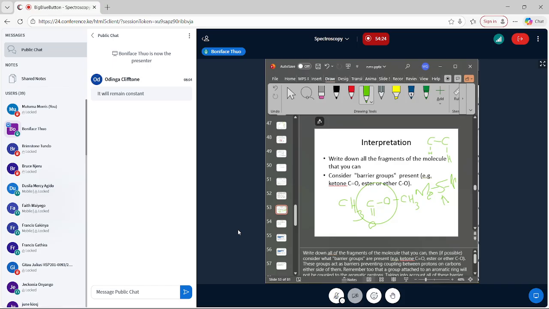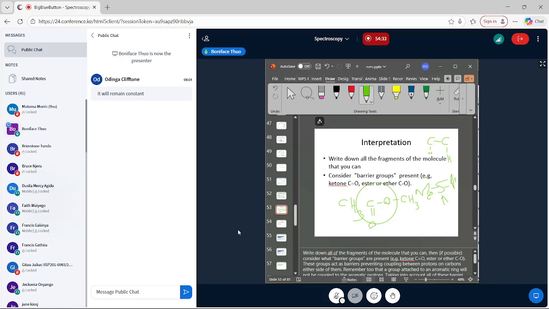Okay, these are a carbonyl. Let's say which other group? A simple oxygen, for example, if it's an ether.